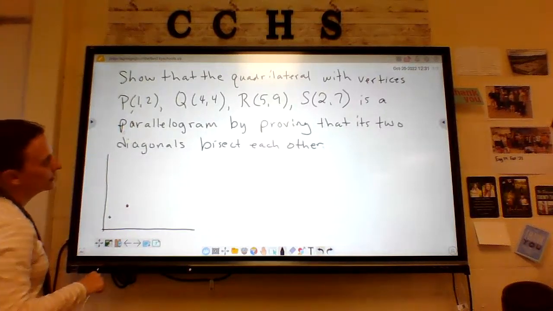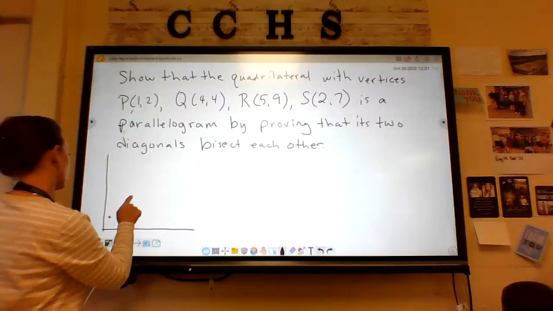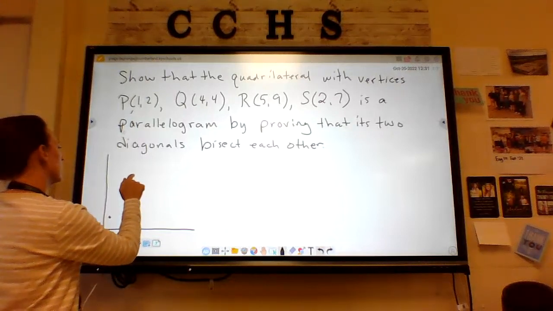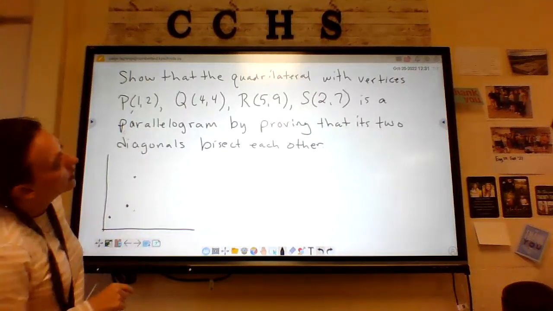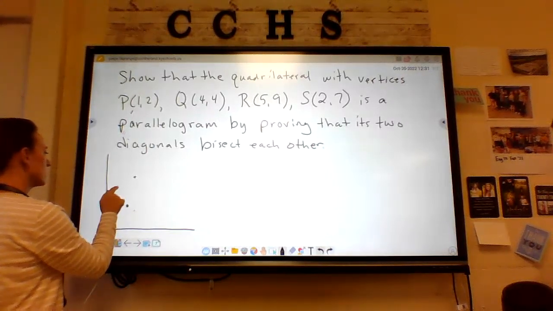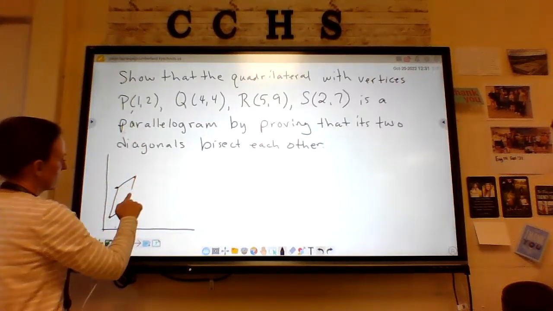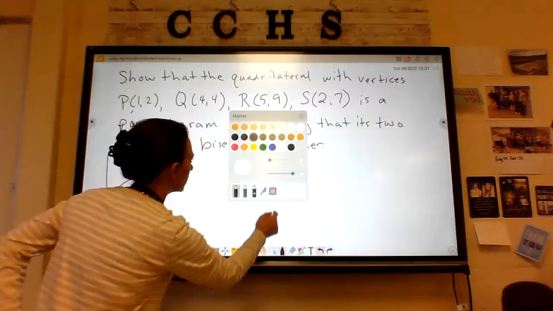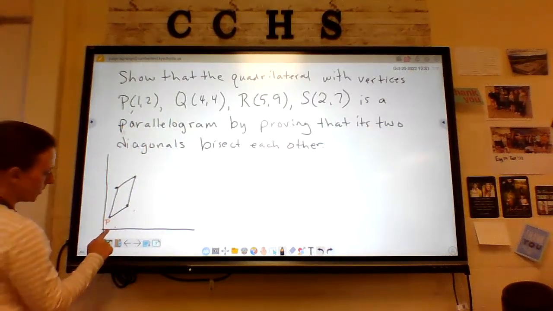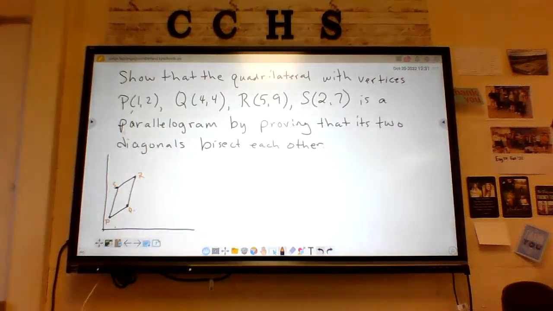Got a point at 5, 9, and a point at 2, 7. So I've got this parallelogram that's kind of like this, right? And I've got my point P right here. I've got my point Q right here, R and S, right?